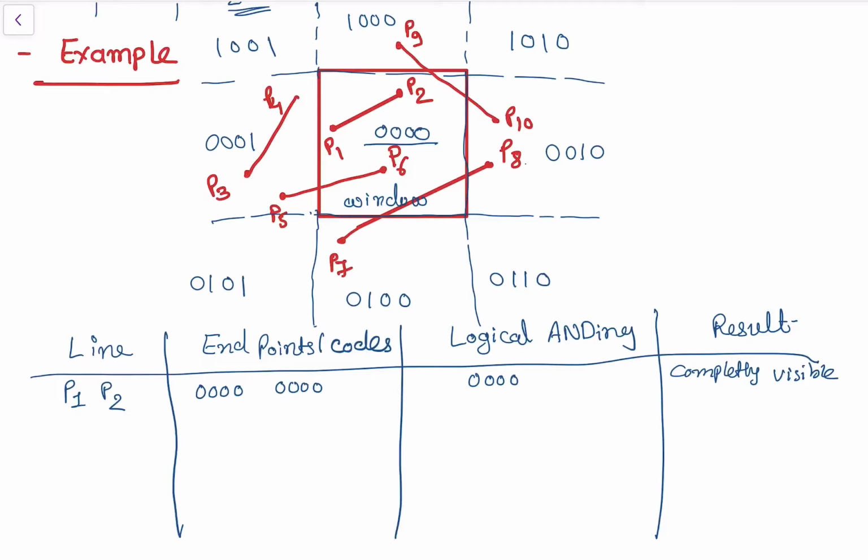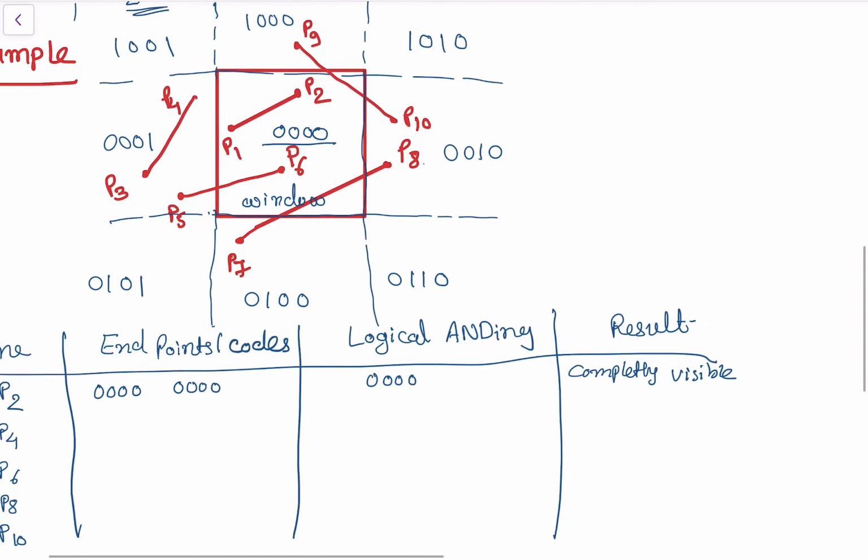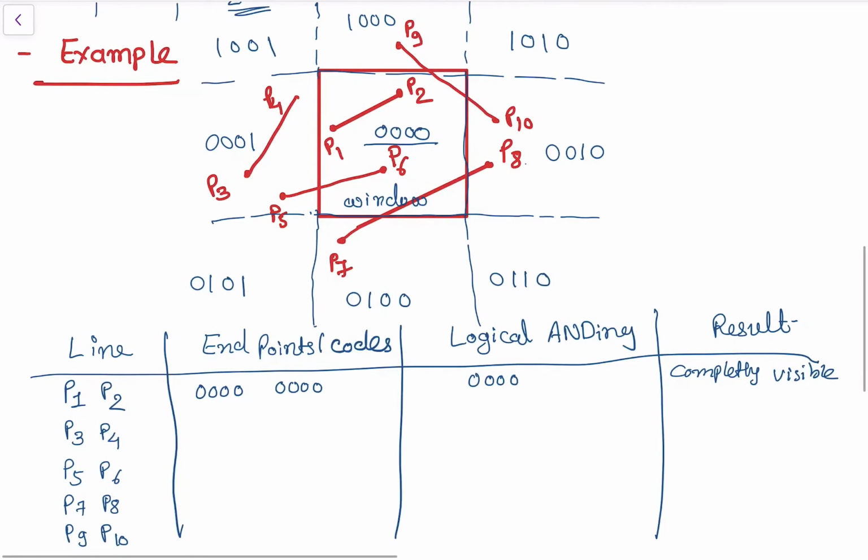Clear? Now similarly this way we have to check for P3, P4, P5, P6, P7, P8, P9 and P10. Now checking the second line, P3 and P4. P3 is in the left corner and P4 is also in the left corner.